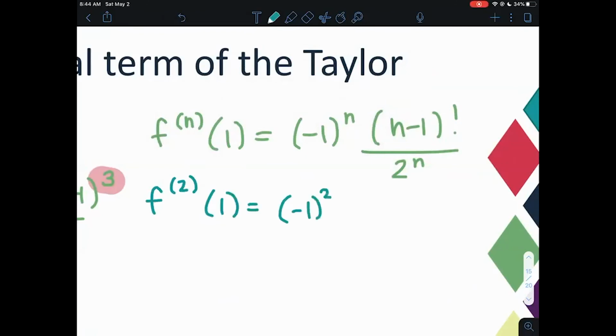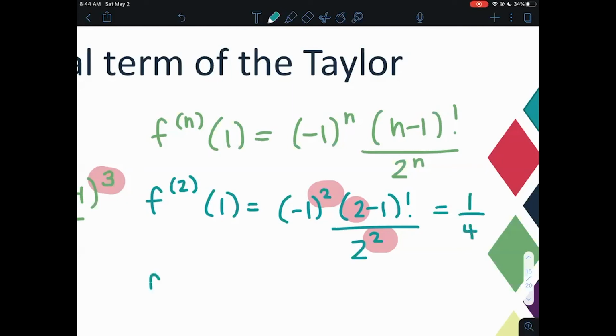So I have -1 squared, 2 minus 1 factorial, over 2 squared. That n value is 2. And when I do that, my second derivative evaluated at 1, what will I get? 1/4.